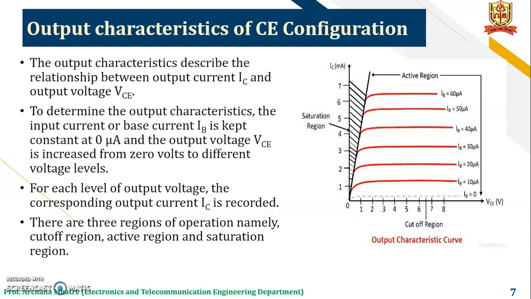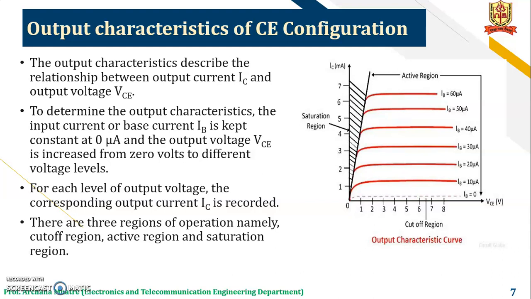To determine the output characteristic, the input current or base current IB is kept constant at 0 microampere and the output voltage VCE is increased from 0 volt to different voltage levels. For each level of output voltage, the corresponding output current IC is to be recorded.